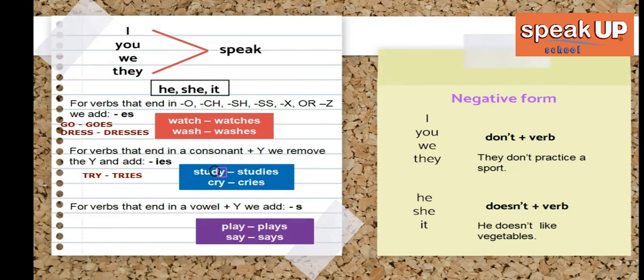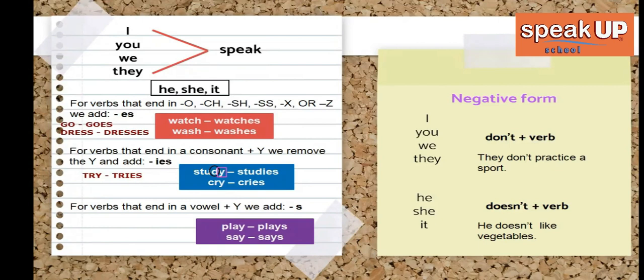Consonants are the letters B, C, F, D, G, H, J, K, L, M, N, P, Q, R, S, T, V, W, X, Y, and Z. Those are the consonants. So the next one, for verbs that end in a vowel.